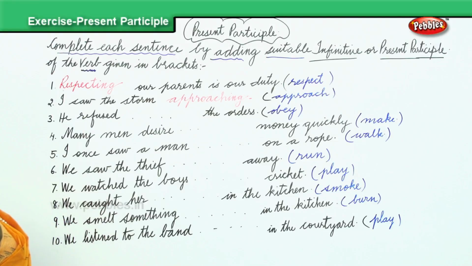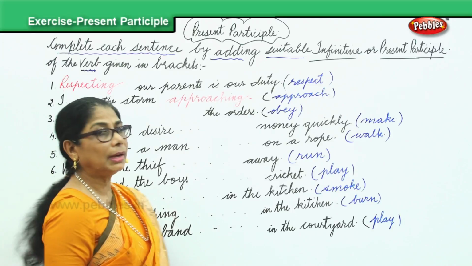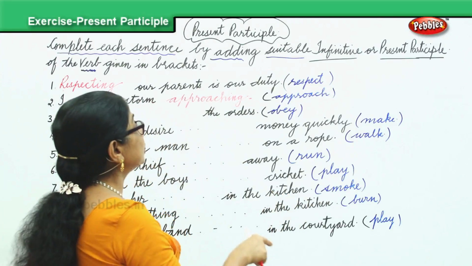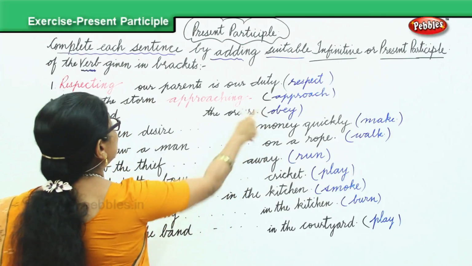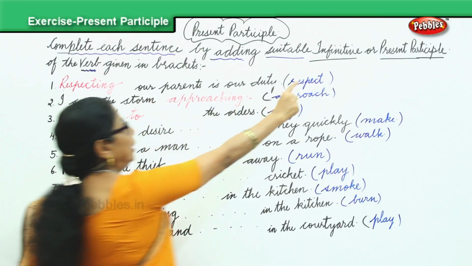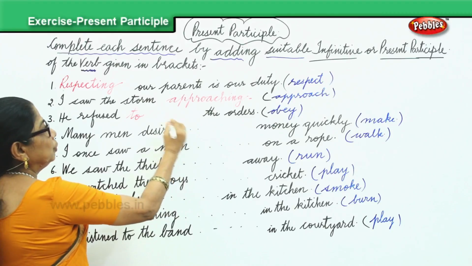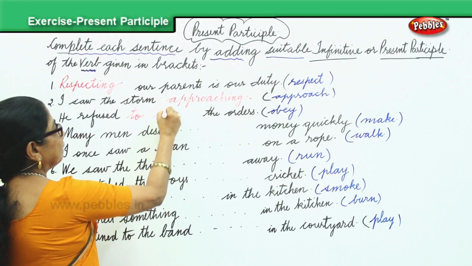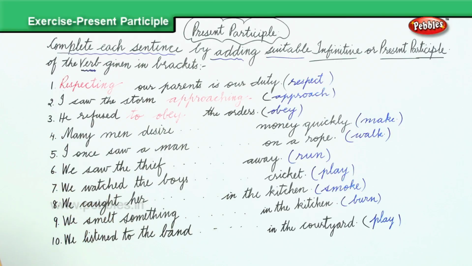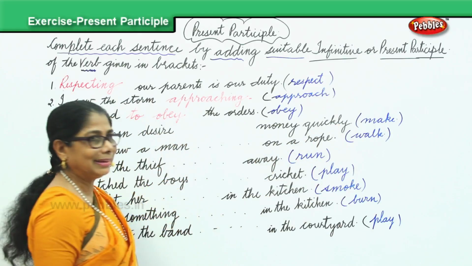Very good. Third, he refused, dash order. Here it is the infinitive. He refused to obey the orders. We add to for the infinitive. For the present participle, we add ing. Many men desire dash money quickly.